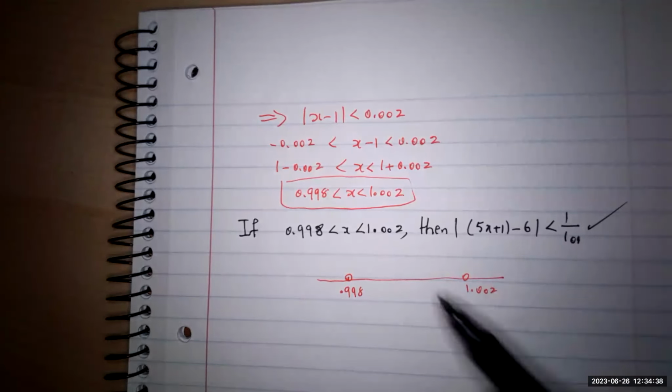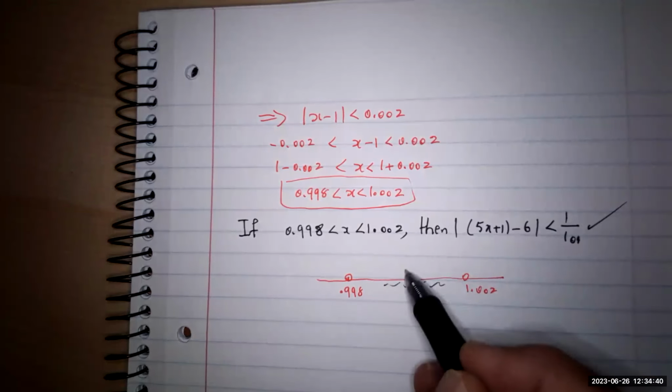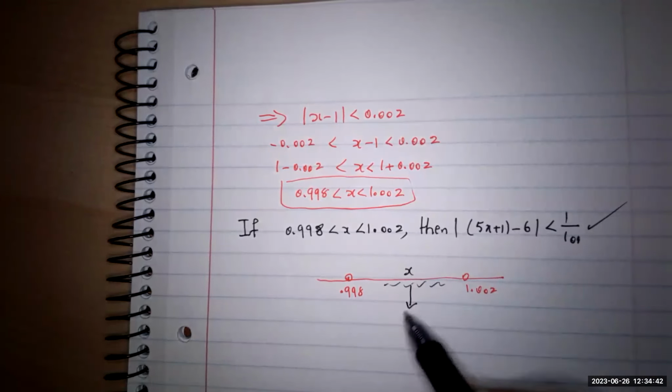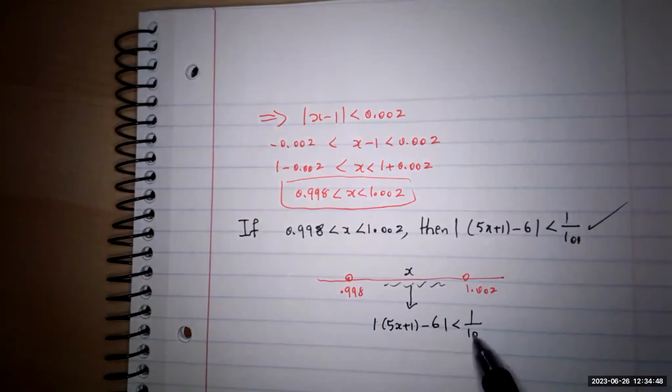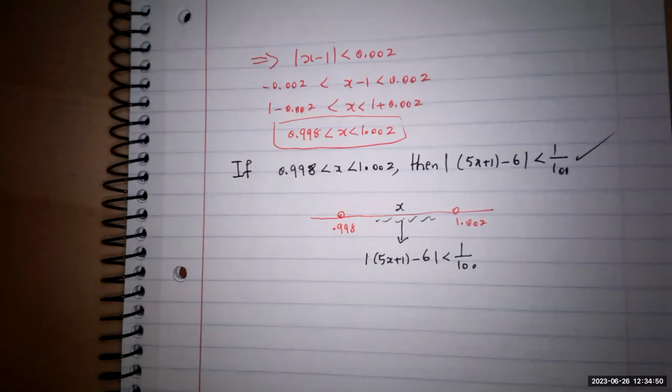If you pick any x here, then that x would satisfy that 5x plus 1 minus 6 is less than 1/100. Since you can do this all the time, that's why the limit of the function 5x plus 1 is equal to 6, and then you're done.